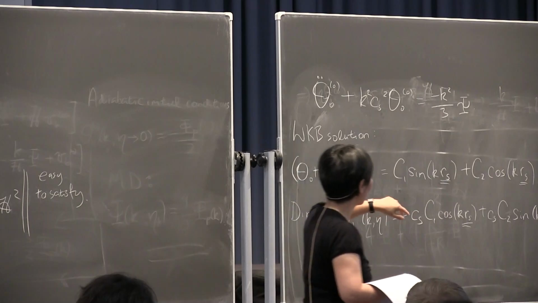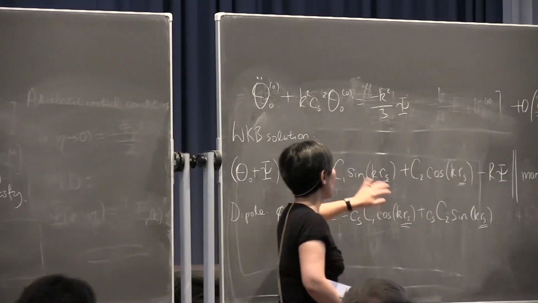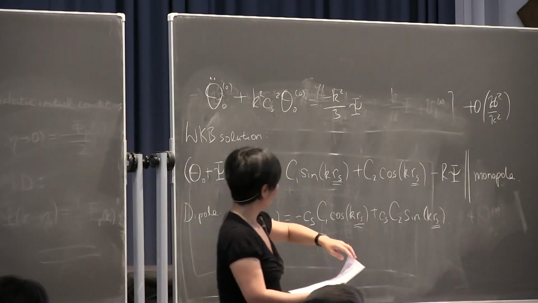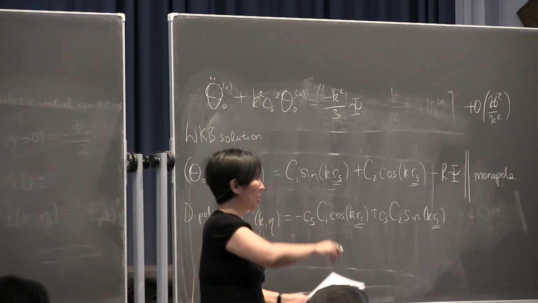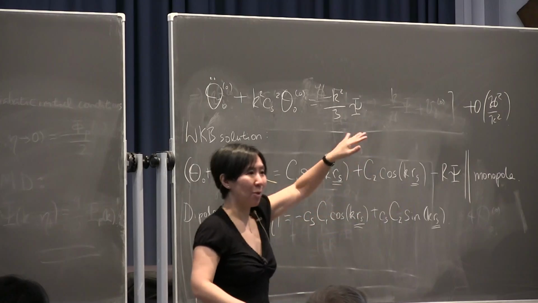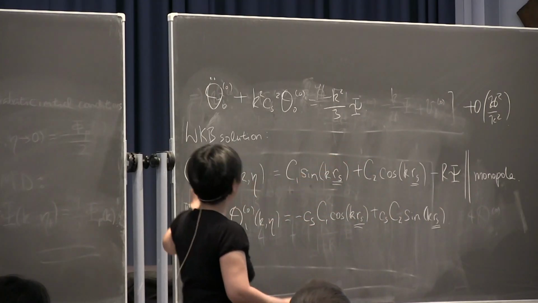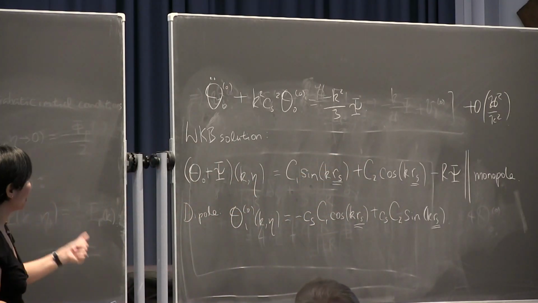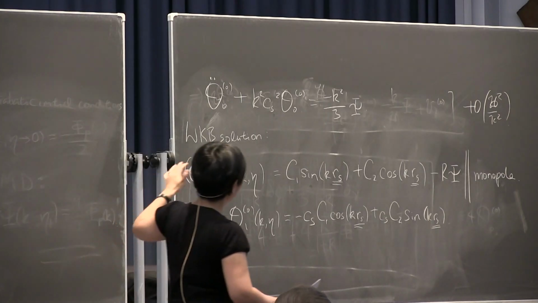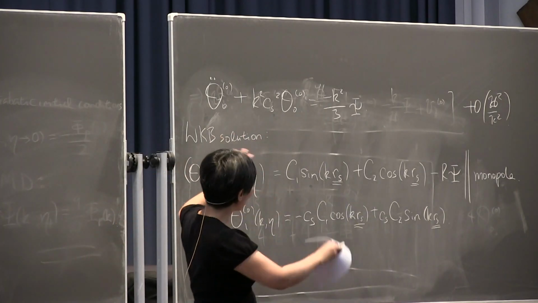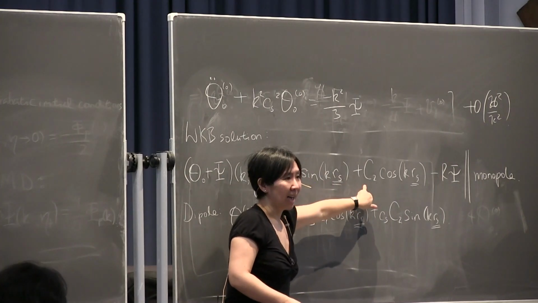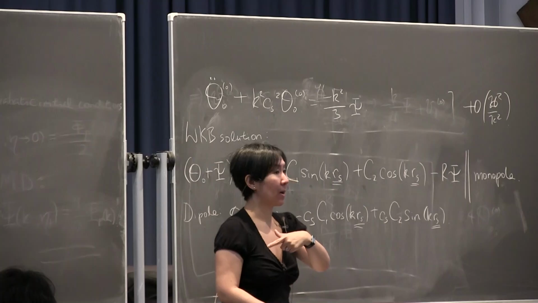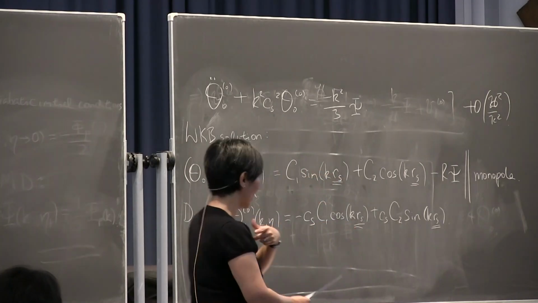This immediately tells us that the mode that is excited cannot be the sine mode, because the sine mode starts from 0. The cosine mode, on the other hand, starts from 1. So the fact that we have superhorizon fluctuations means that the only solution here that makes sense is for C1 to be 0, but C2 to be finite, and then matched to the superhorizon solution that we derived earlier.